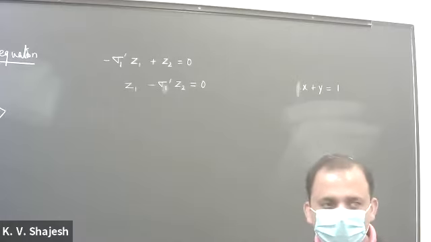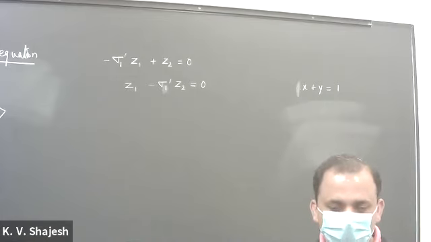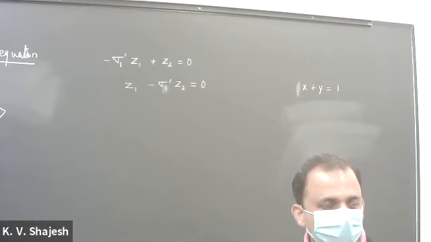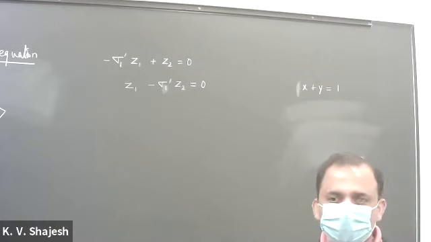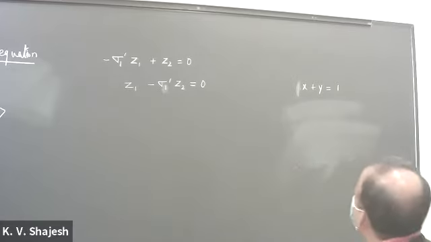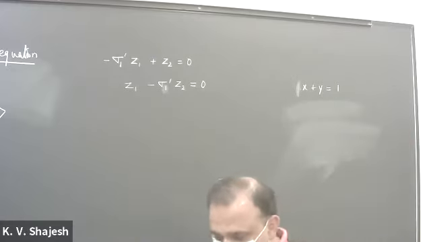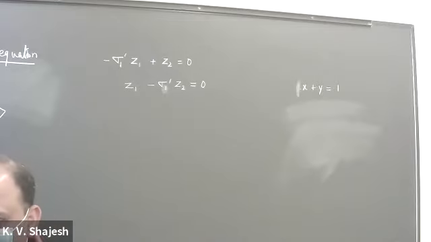What if you have two unknowns and three equations? I think we can try. We can solve it. Is that possible? In three equations, I think it's possible. Okay, so two unknowns, three equations.